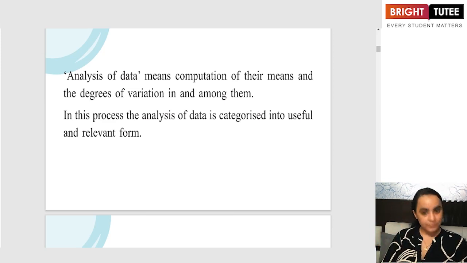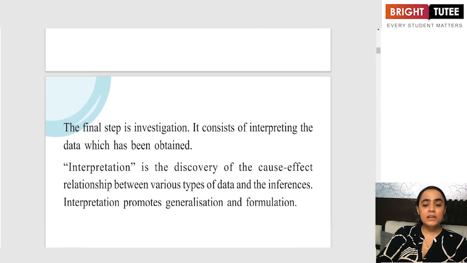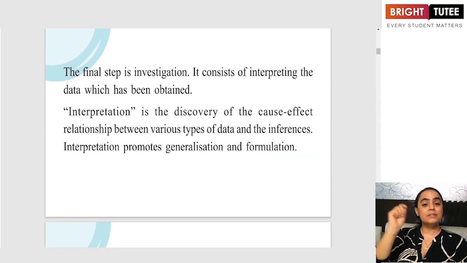The process of analysis of data is very, very important, because the entire process of collecting, tabulating and presentation is done so that the data can be analyzed.